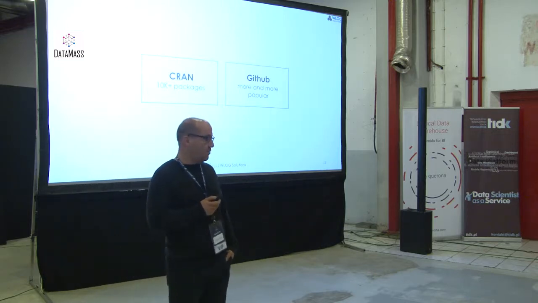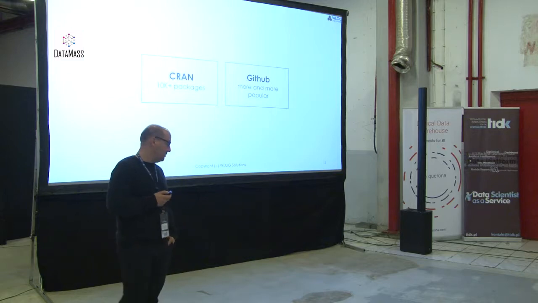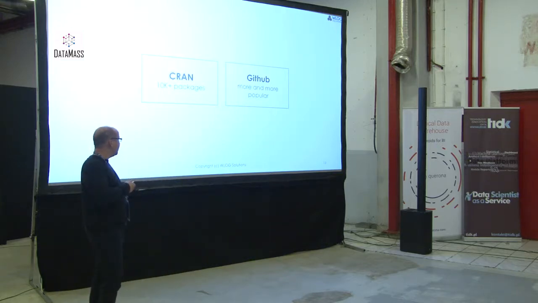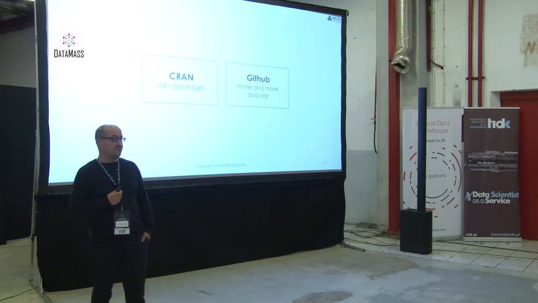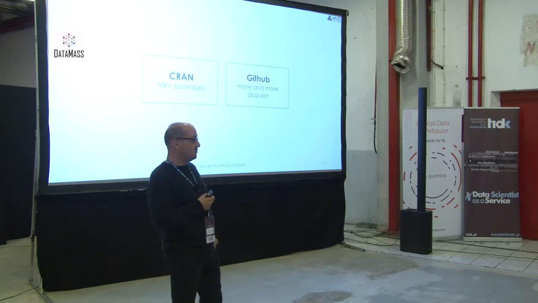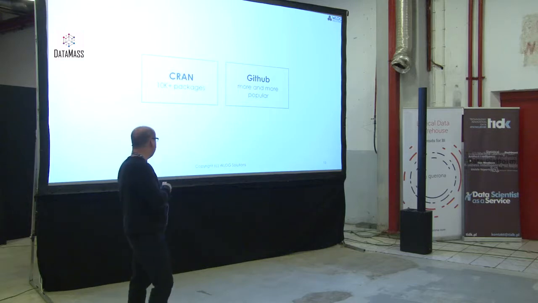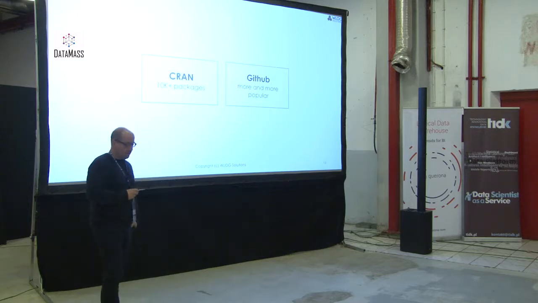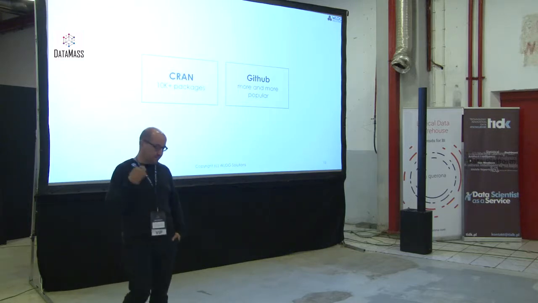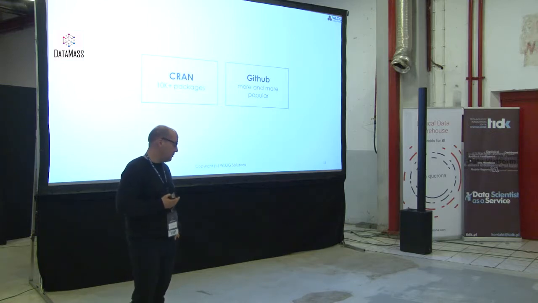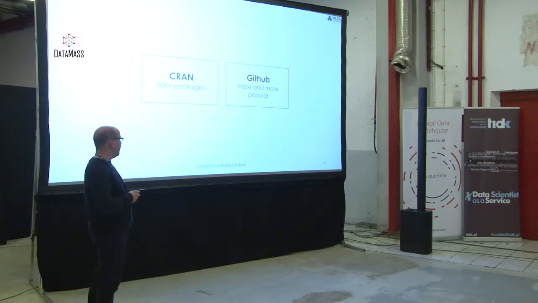Of course, as with open source, you have to be aware that some of the packages are just bad, so you shouldn't use them, but a lot of them are very useful. And very often, if you want to experiment, or you are thinking about a method, you can just go to CRAN, which is the public, official repository of R packages.